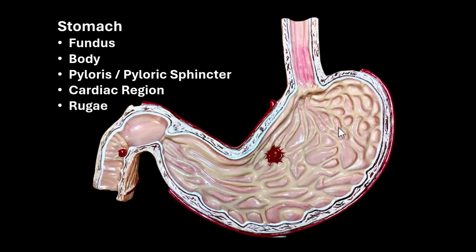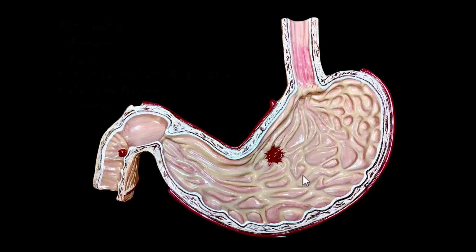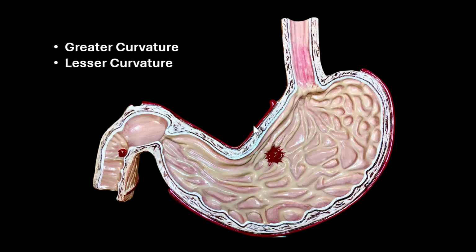And then we see these folds in the stomach, and they are called rugae. They allow the stomach to expand. They also form channels. So, rugae. And then we have on the outside here the greater curvature and the lesser curvature.